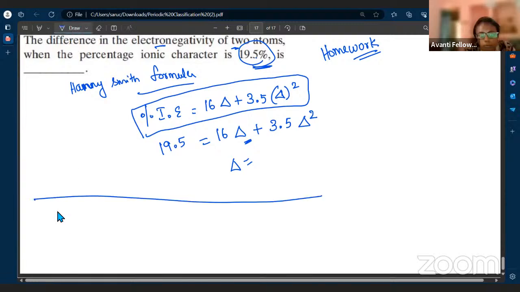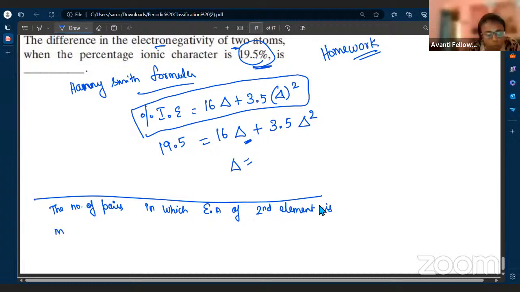Here you have to find the number of pairs in which the electron affinity of the second element is more than the first element.